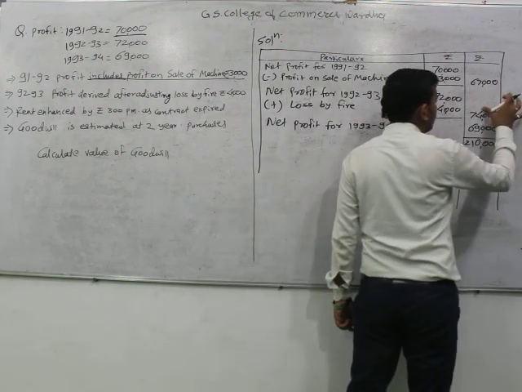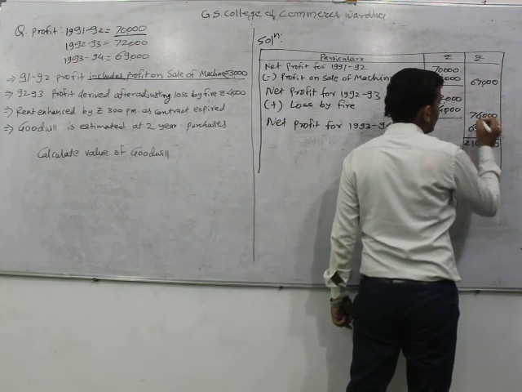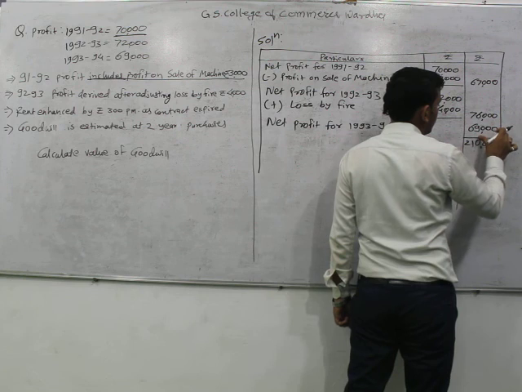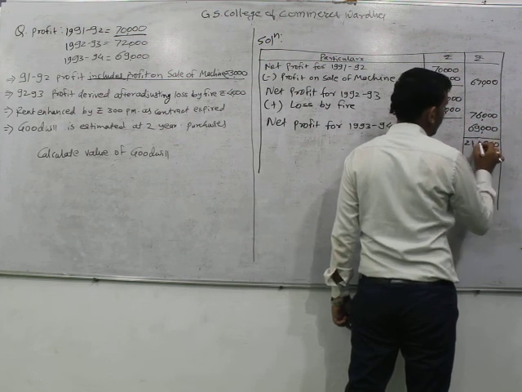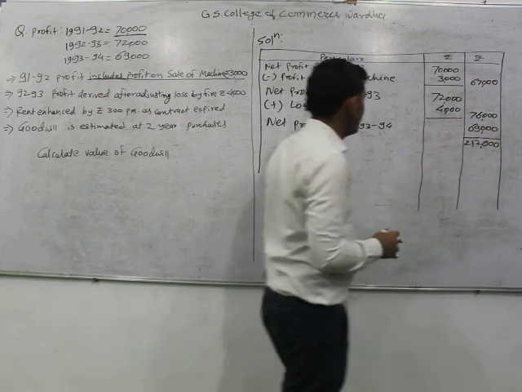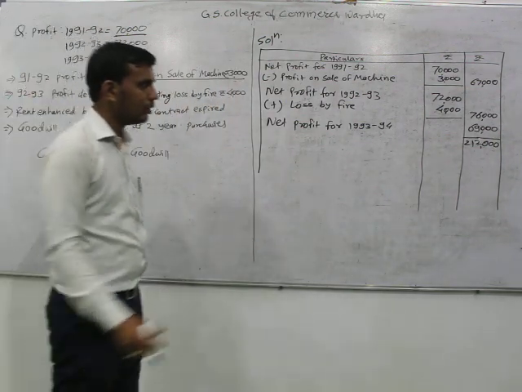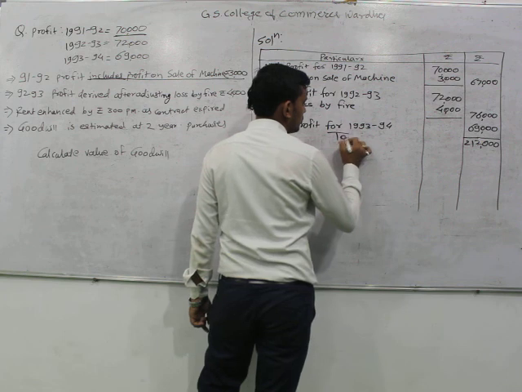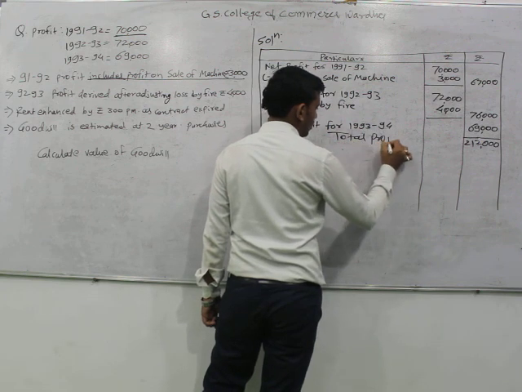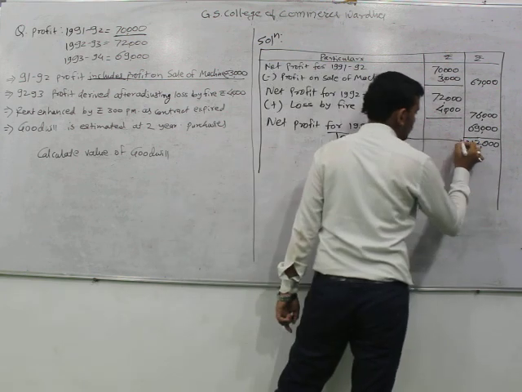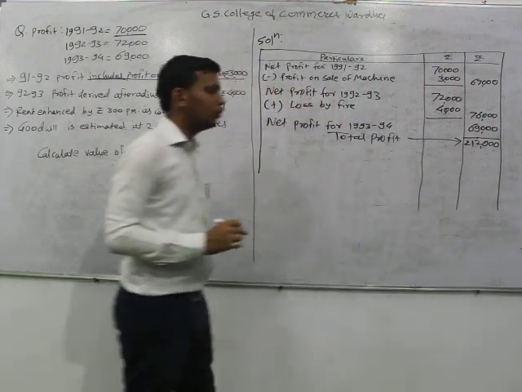The total here is 72,000 plus 4,000, 76,000. Hence our total profit for the last 3 years would be 2,12,000. This is our total profit.